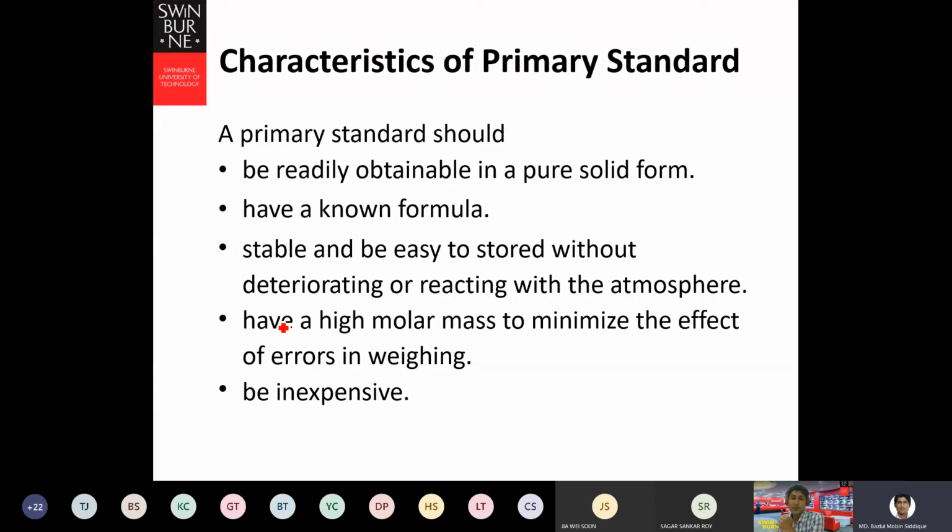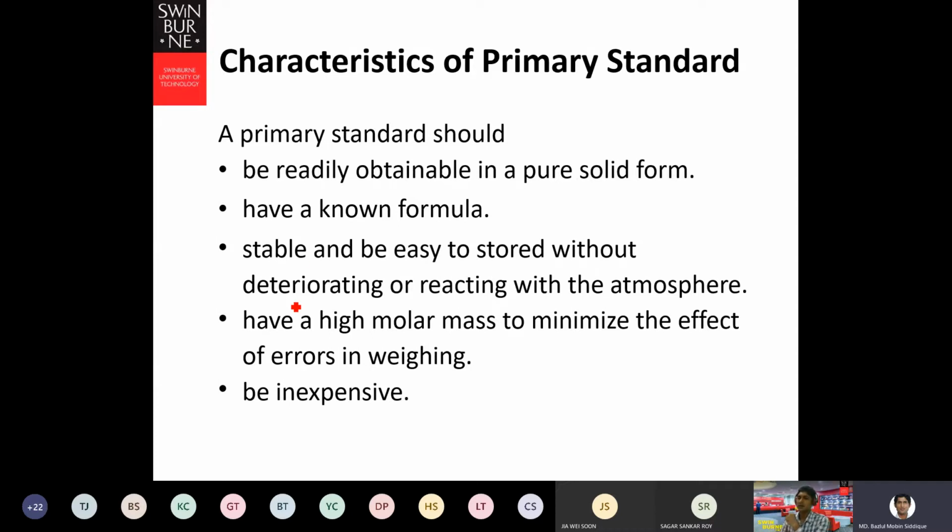It should have a high molar mass, okay? High molar mass means around 200, 250. If the molar mass is very small, like 0.1, 1 or 2 grams, then the problem is, if you want to make a 0.1 molar solution, you have to take a very, very small amount, and there is always a chance of error, right?